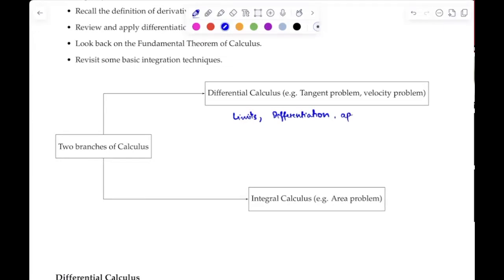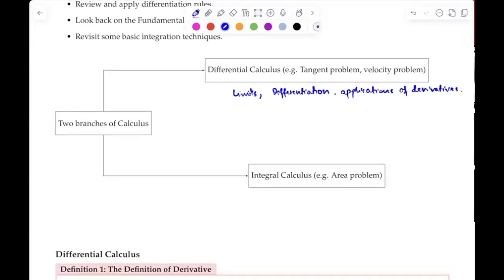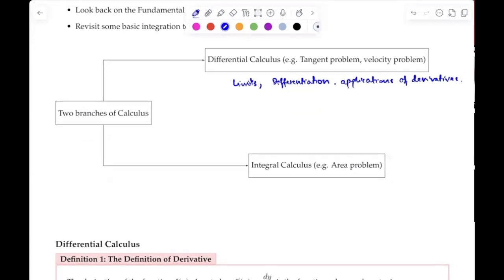So applications of derivative. And then in the last quarter of calculus 1, you start looking at integral calculus. You ask the question, what is the area under the curve, and things like that. And move on to calculus 2.